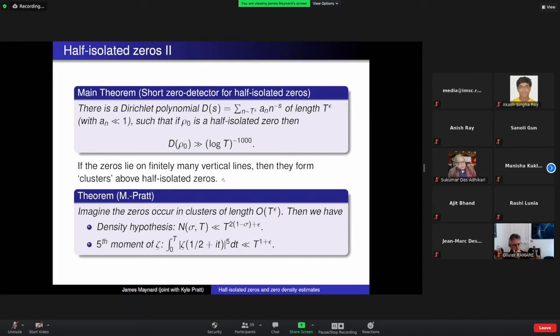And in particular, if the clusters are always small, as you might naively expect if zeros are somewhat rare, then you suddenly get very strong bounds.